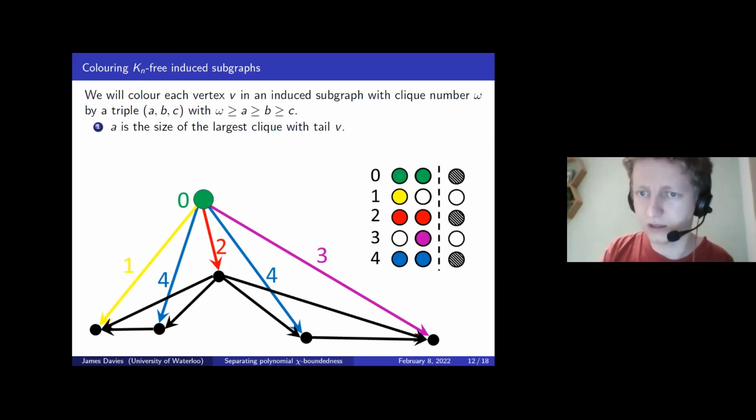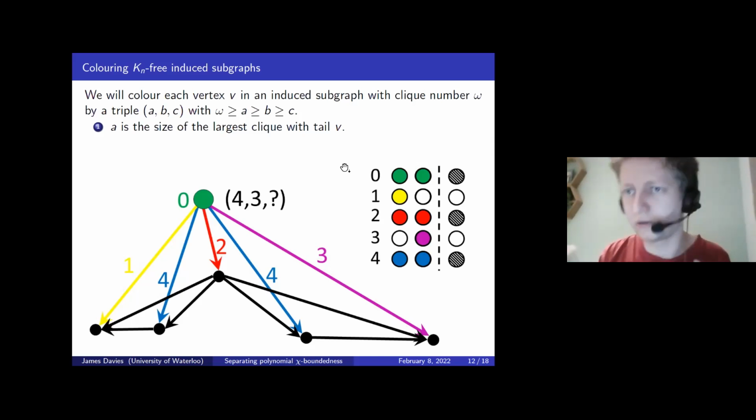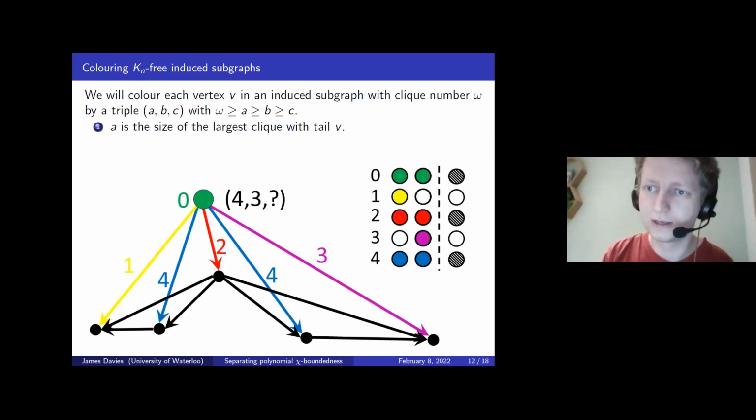So in this case, it's our 0, 2, and 4 residues that are always the length at a tail of a maximum clique. And this is how I want to choose B. I want B to be the size of this common set of residues of all these cliques. So in this case, because we have these three that are residues of all the four cliques, we choose B to be equal to 3.